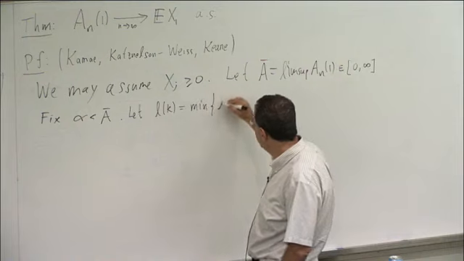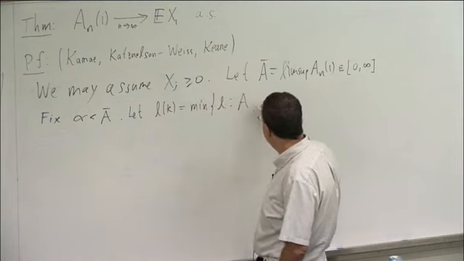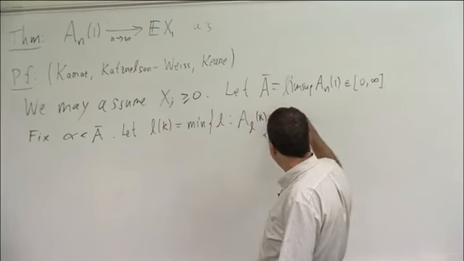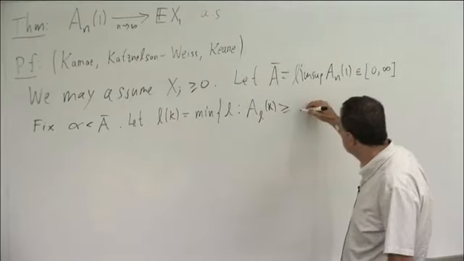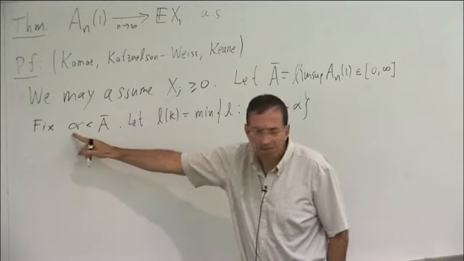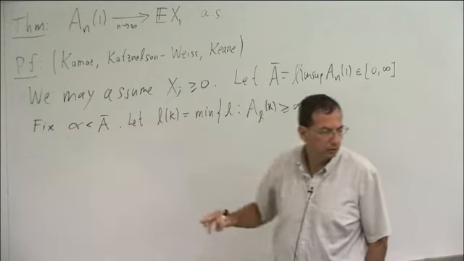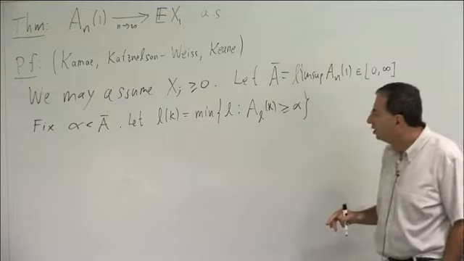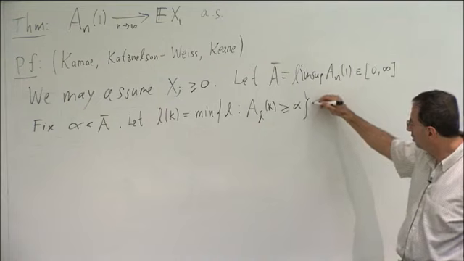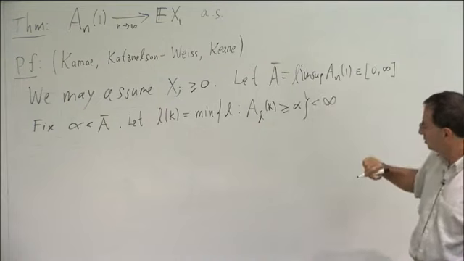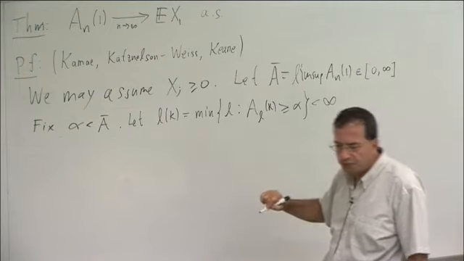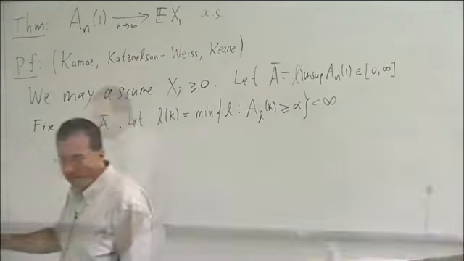So the first L so that A_L(k) exceeds alpha. Alpha is certainly a finite number here. By the definition of lim sup, this number is certainly finite, but it might be very large. We might have to wait for long.